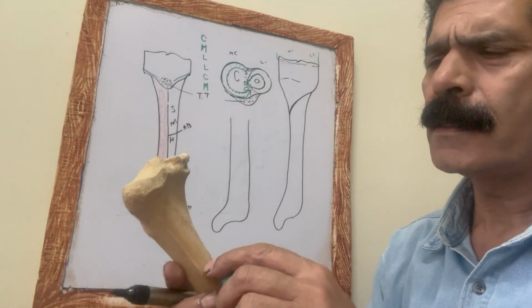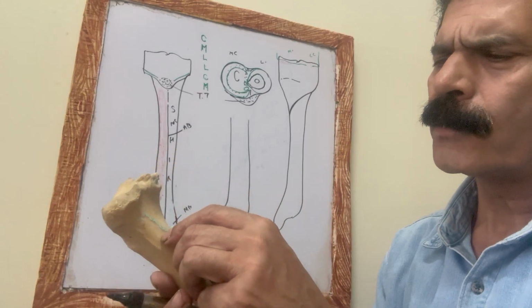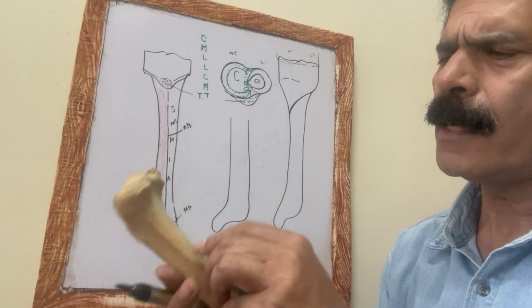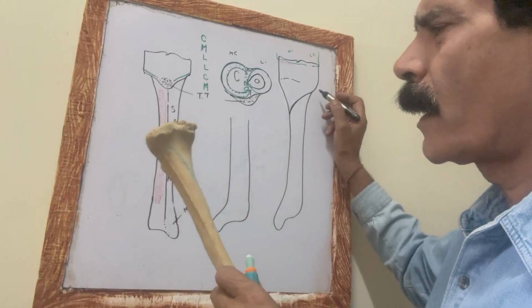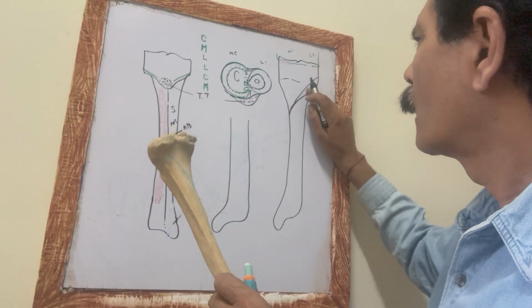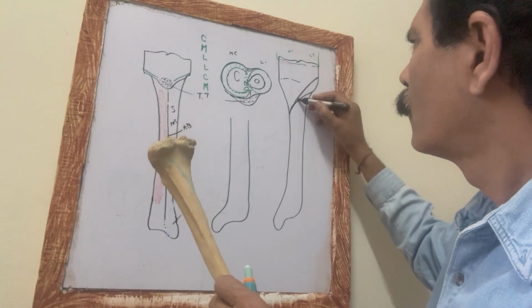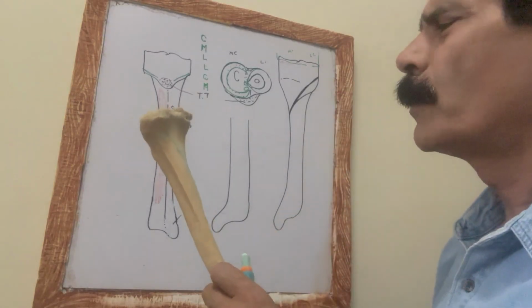That is called the soleal line, or oblique line, which is present on the tibia, and the popliteus muscle is inserted above the soleal line.